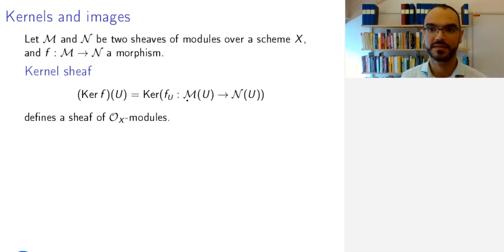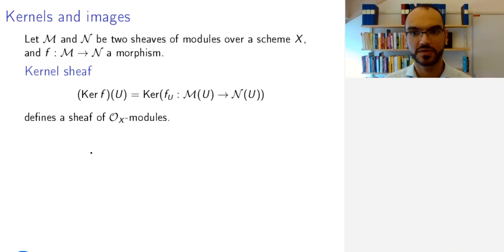We have to check that it is a sheaf. That's the non-trivial part: to check that if we have two elements in the kernel on some open subsets that agree on intersections, then they glue together to something in the full kernel.